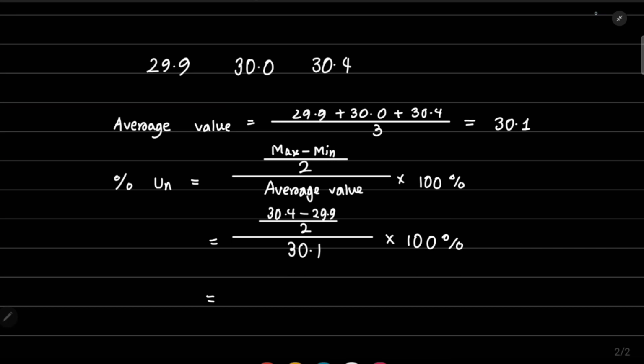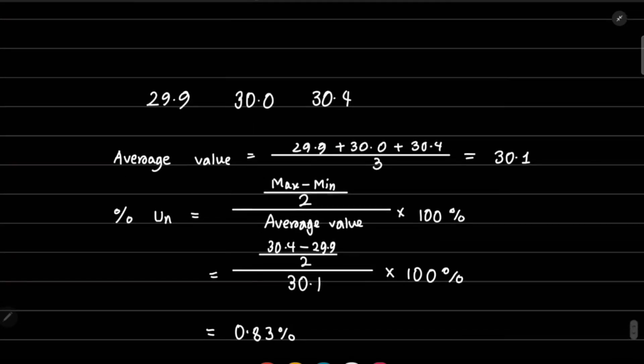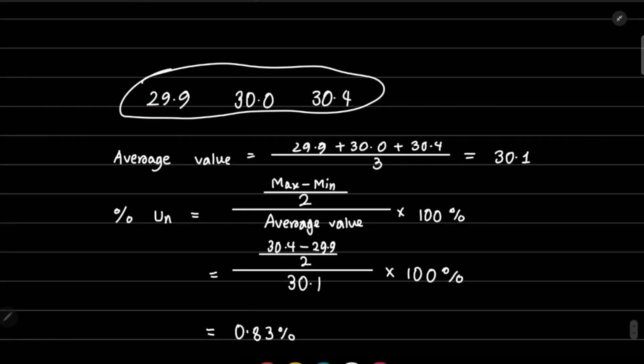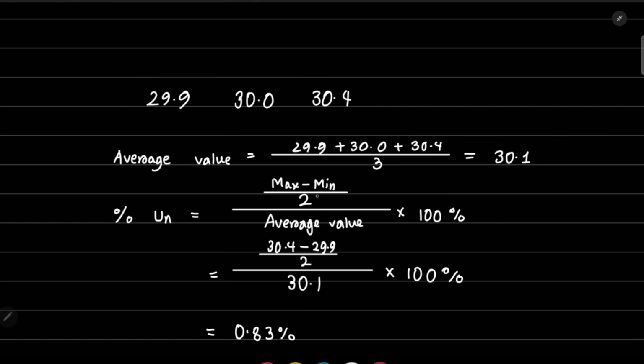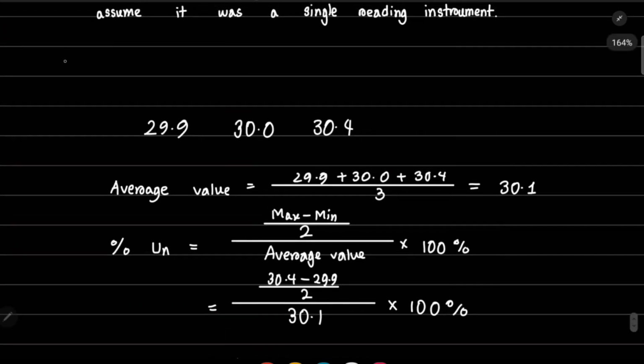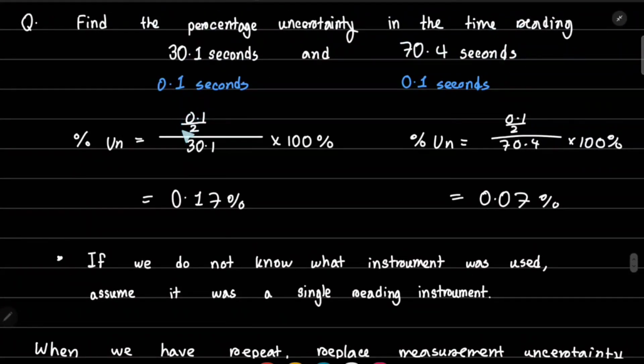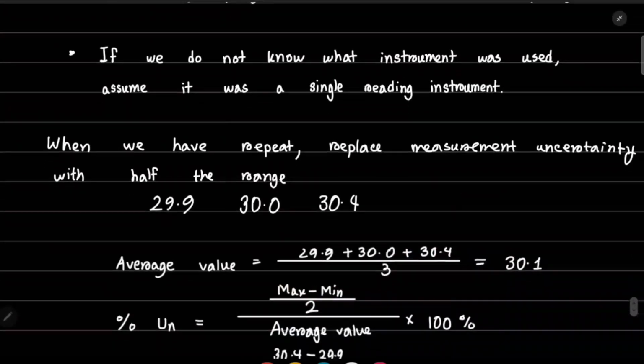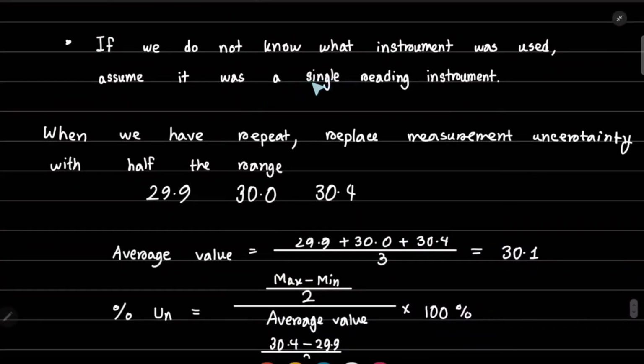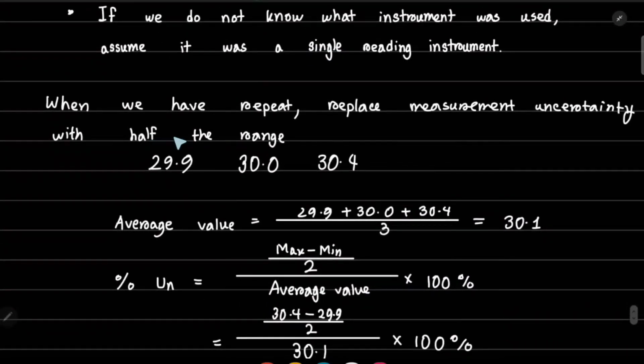When we have repeats, this will be 0.83%. So when we have repeat values, we take half the range and use that instead of the measurement uncertainty we usually use.